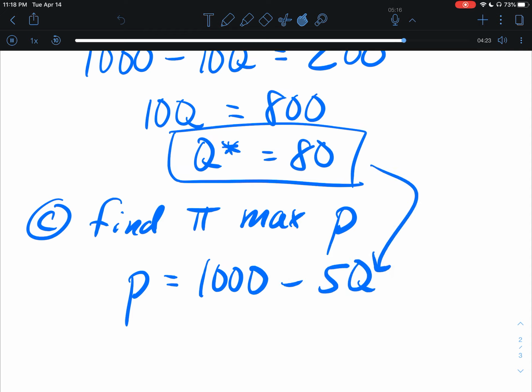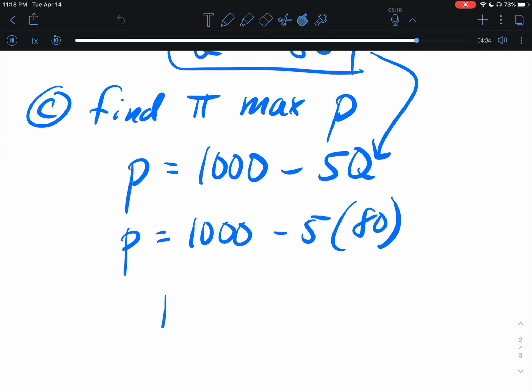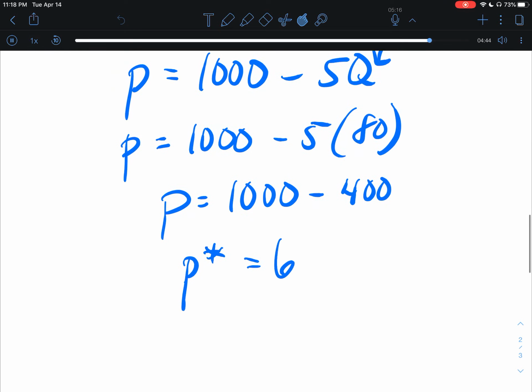And we're just going to plug our equilibrium Q in. So P equals 1,000 minus 5 times 80. P equals 1,000 minus 400. So P star is equal to 600.